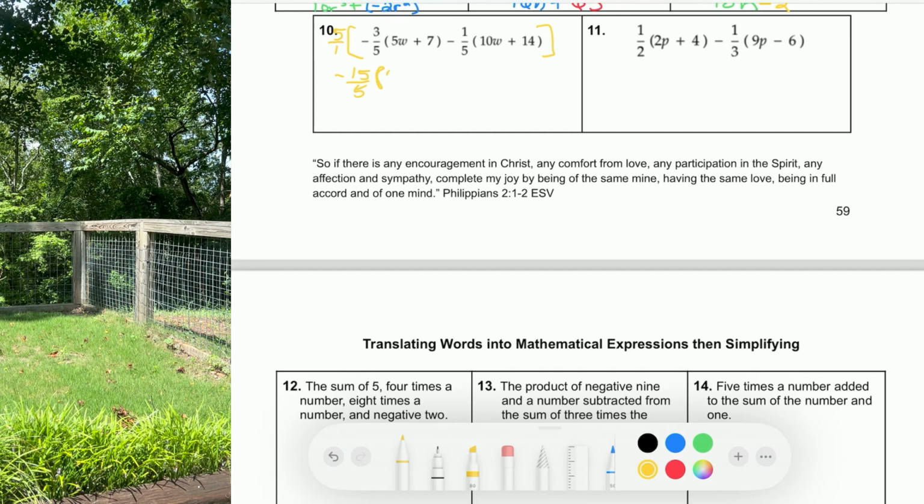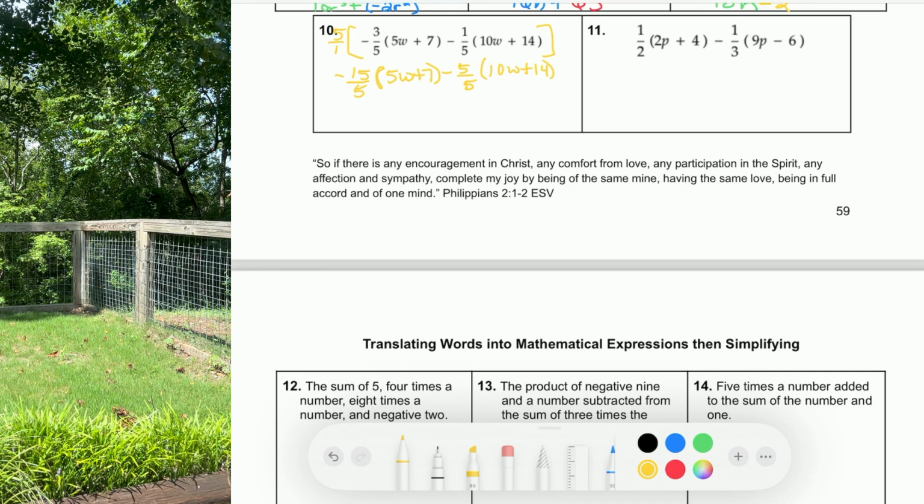I'm not multiplying it times what is in the parentheses at this point. Then 5 times that -1/5, we get 5 times 1 is a 5, and then 1 times a 5 is a 5. And then I just rewrite the 10w plus 14.